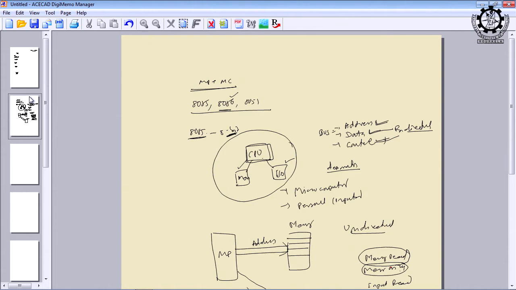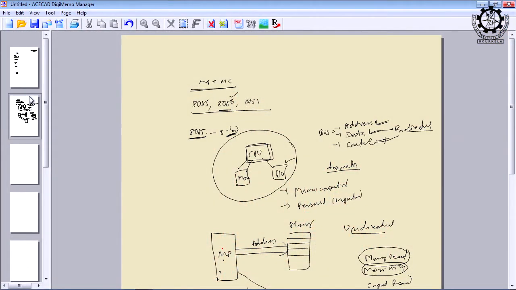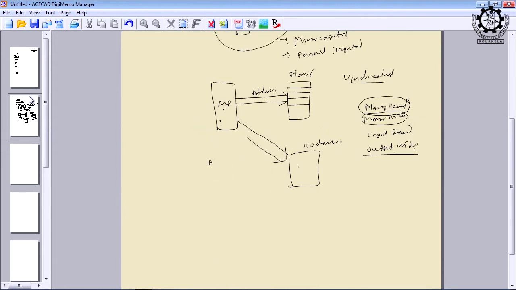Suppose a memory read control signal will be issued. Who is going to issue these signals? It is the microprocessor. As I told you, the control unit is available inside the microprocessor, because if you open this microprocessor box, you will find the ALU, the control unit, and the set of registers, nothing else.